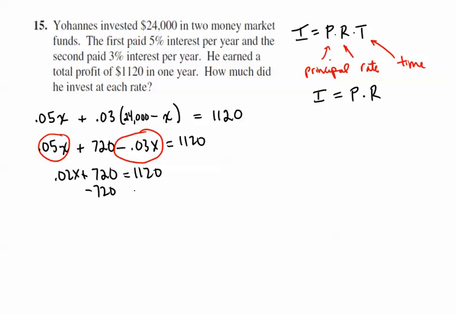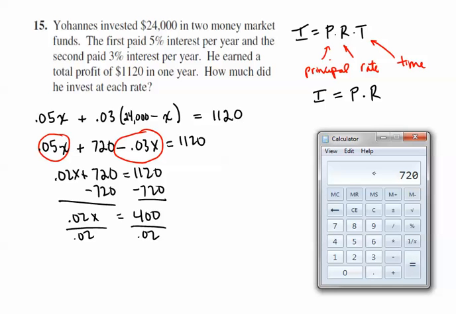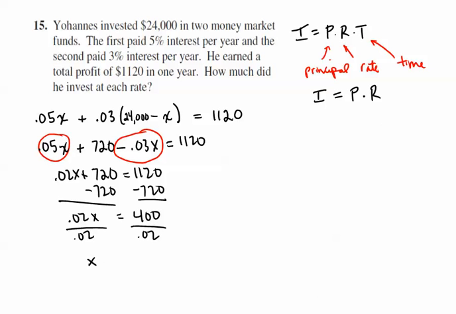Subtract 720 from both sides. 0.02x is equal to 400. Divide both sides by 0.02. We can bring our calculator back for that. 400 divided by 0.02 is equal to 20,000. So x is 20,000.